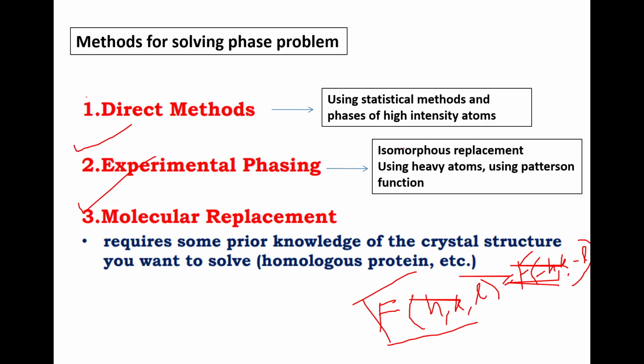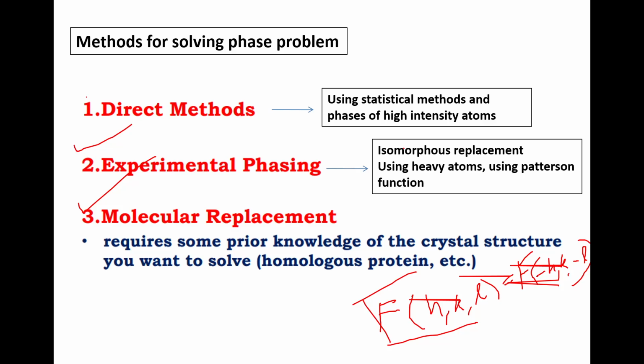Sometimes if two protein structures have greater than 30% similarity, and one of the protein structures has already been solved and submitted in the PDB, with its amplitudes and phases calculated, then we can use it.